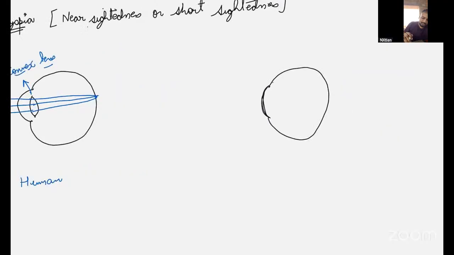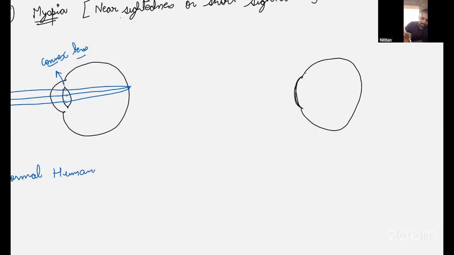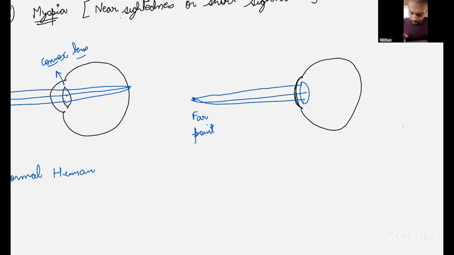For example, this is a human eye. Now, how does the myopic person's eye look? This is a far point, and Miraculin removes the specs, and there is a far object. How will the image form if the specs are removed? It is going to look like this.